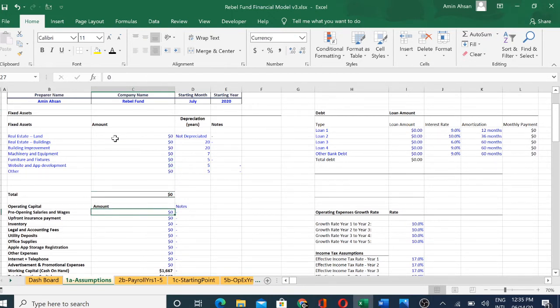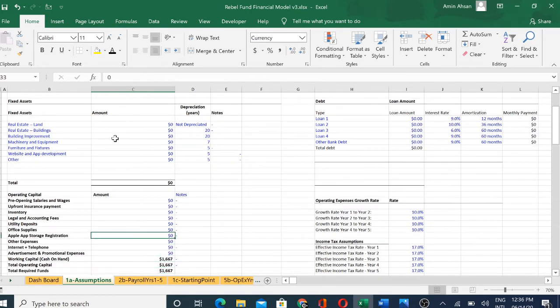So if you have, then you put these expenses here. For example, pre-operating salaries and wages, upfront insurance payments, inventory, or legal and accounting fees at the start of the business, utility deposits, or any other expenses you can enter here, and you can make a note. Then these expenses will be amortized over 5 years.